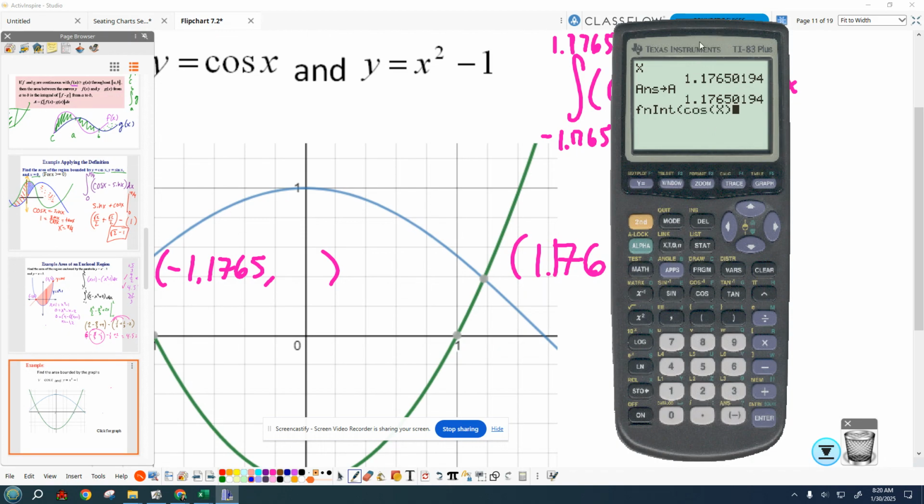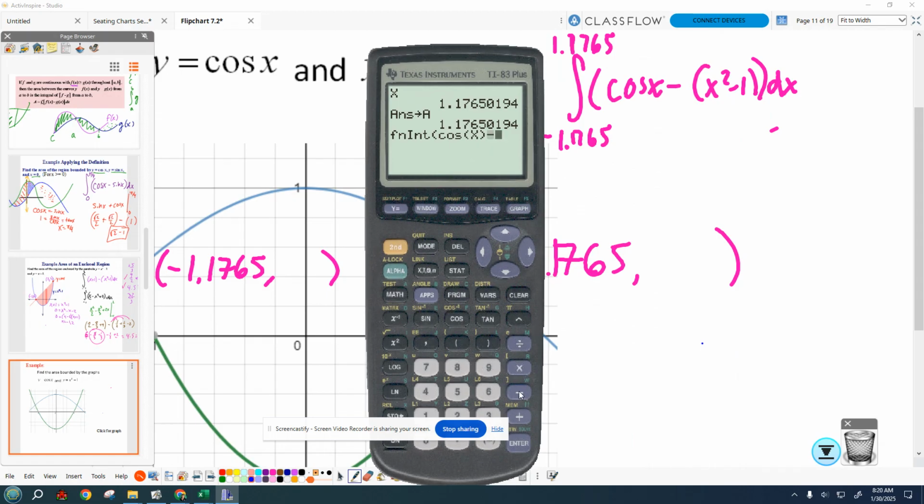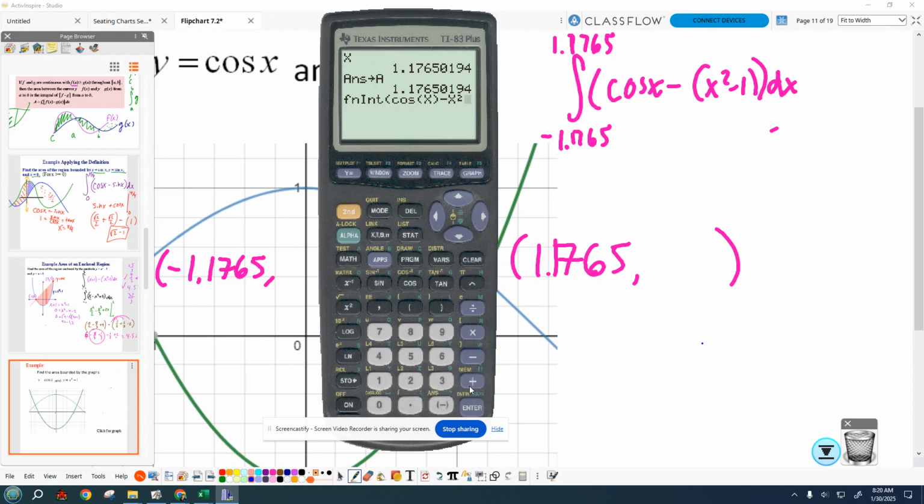Cosine x minus x squared, and then subtracting a negative because I didn't put the parentheses in, +1. So that's my function. Integrating that with respect to x from negative a to positive a.